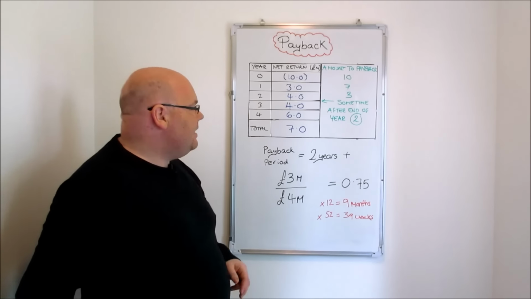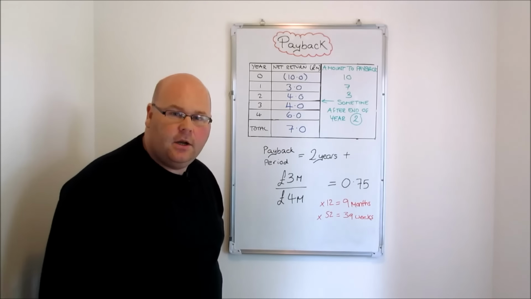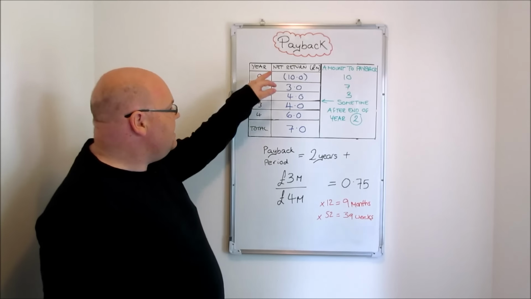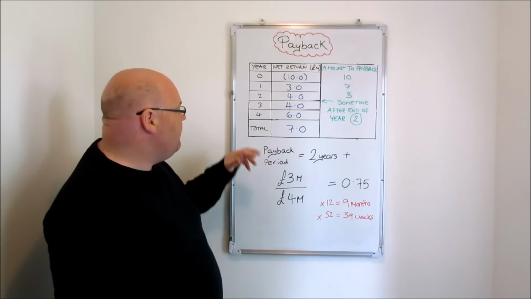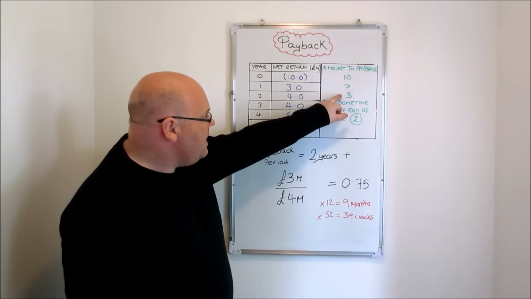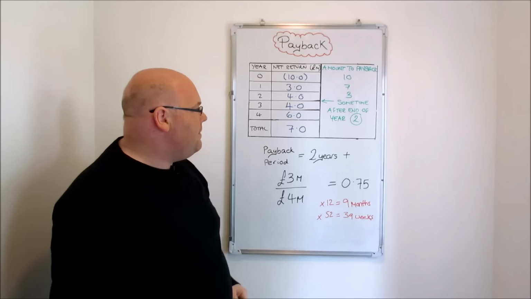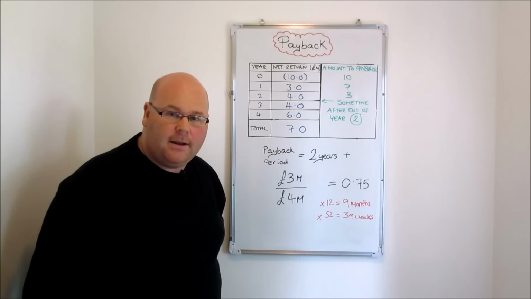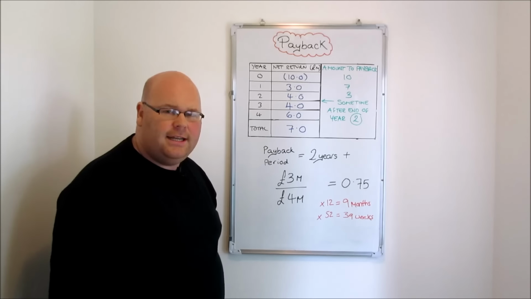Now, if we jump down into year 3, we can say, well, hold on a second, we've done it. We've actually paid back. Our forecast suggests that this project will have paid for itself by the end of that third year. We've still got £3 million that we're looking to try and pay back by the end of year 2, but we make more than that. We make £4 million during the third year.